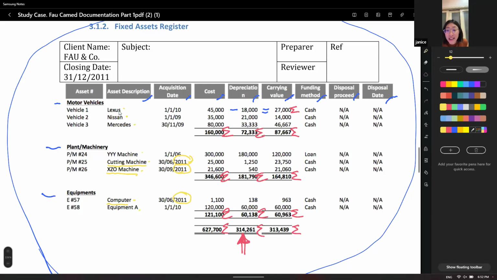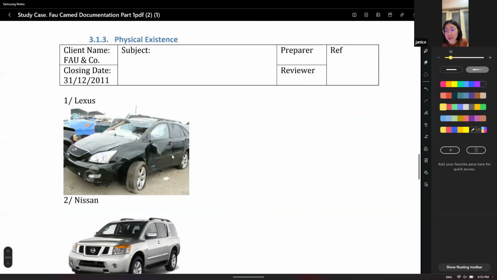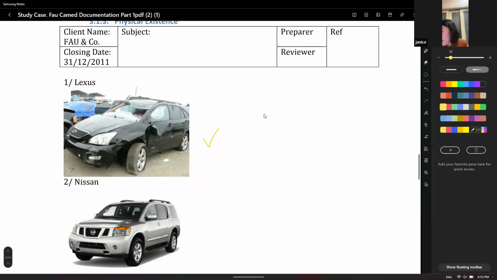So he said that he has a Lexus. So we go to the client and we see, do we see a Lexus? We do see a Lexus. So the Lexus exists. However, what do we notice with this car here? Is there any problem with this Lexus car?